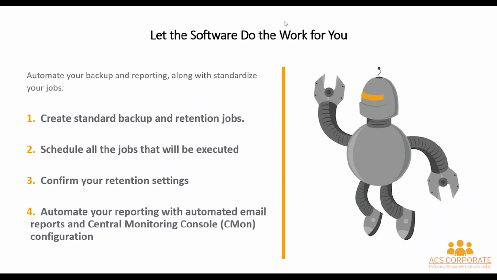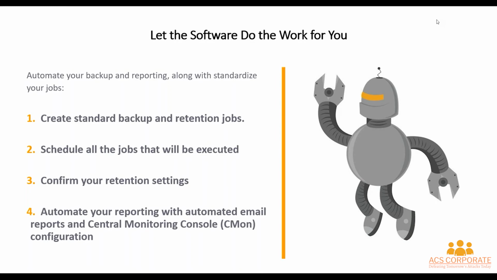Something else that we see every day here in Novastore in our support is, if you're relying on manual processes, the backup's just going to fail. You're not going to have good backups. Making sure that you have a standard backup job. Standardize everything on your backup jobs, your notifications, scheduling it, making sure that you're not worrying about the end user actually having to delete things or move things around.